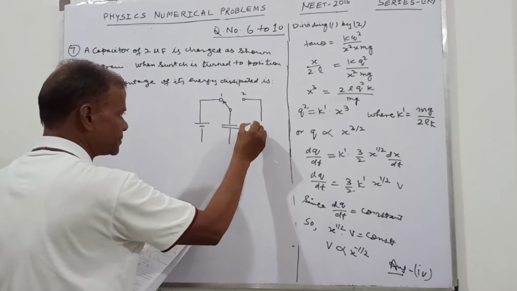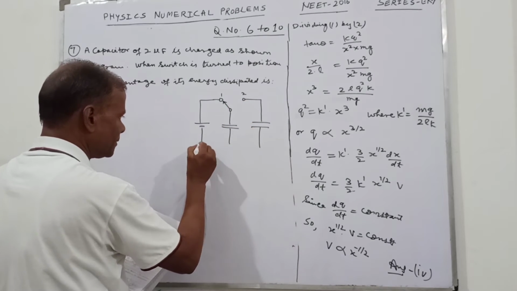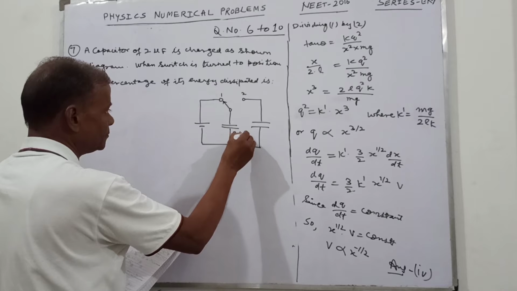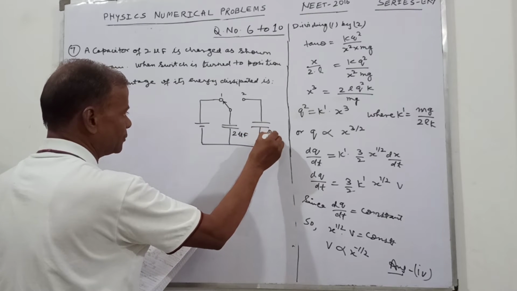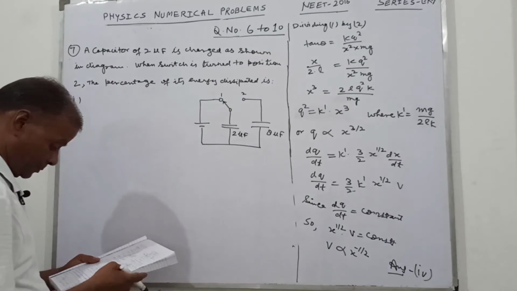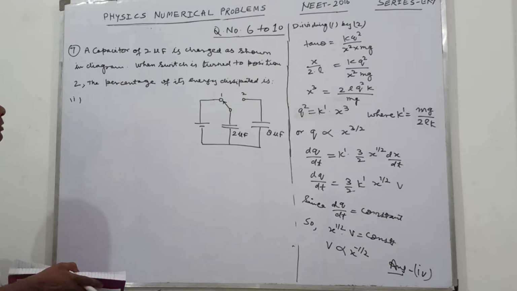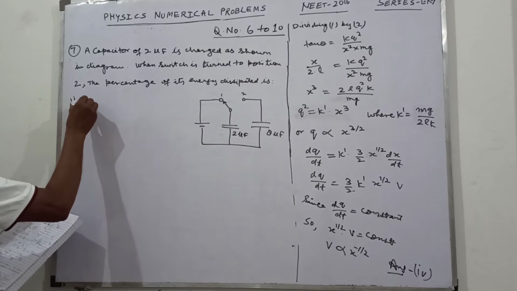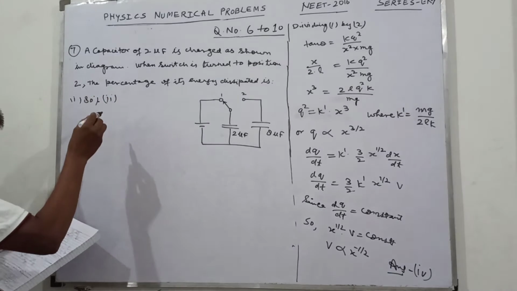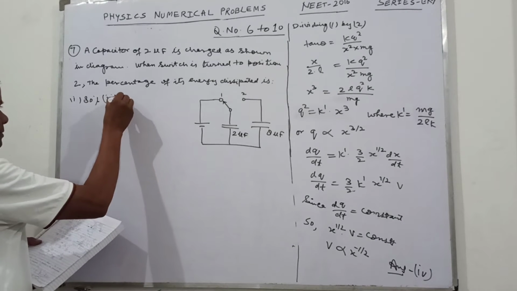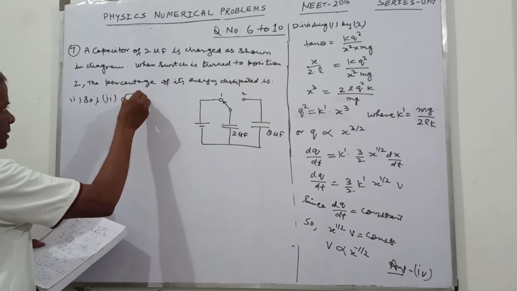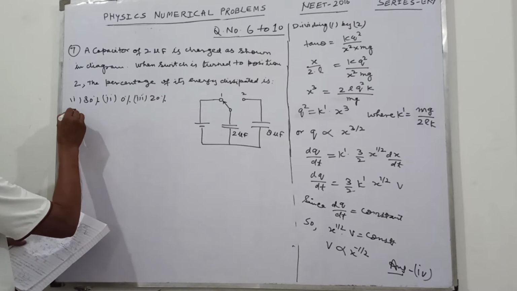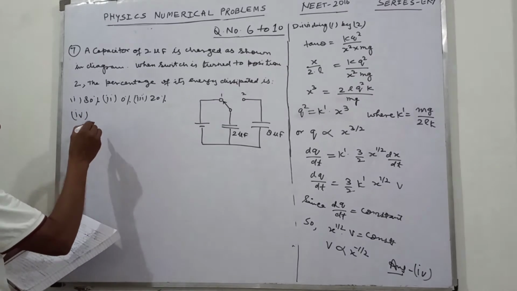Here also we have a capacitor, like this is now 2 microfarad, and this is of 8 microfarad. So your options are 80%, second is 0%, third is 20%, and fourth is 75%.